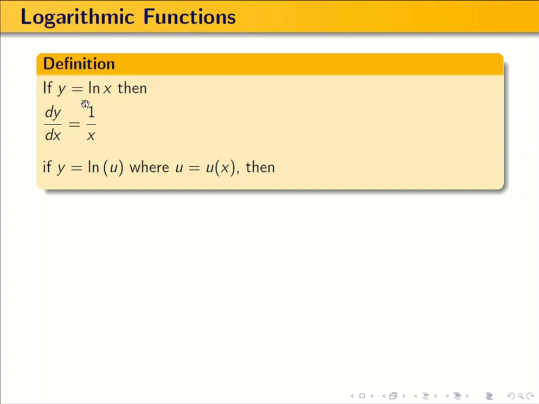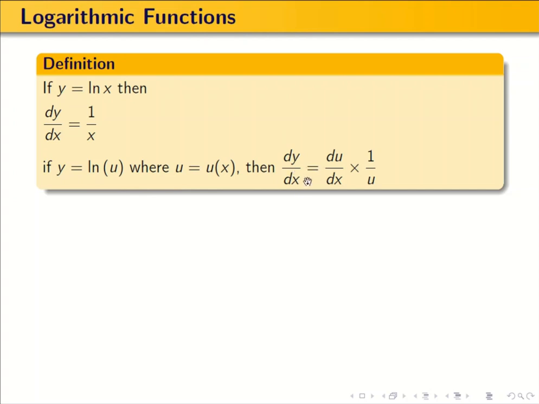Now, if I have y equals ln of x, then the differential of this is equal to 1 over x. I'm taking it again. If I have y equals ln of x, then the differential of y is actually equal to 1 over x. Now, in a case where I have ln of u, where u is also a function of x, then how do I go about it?